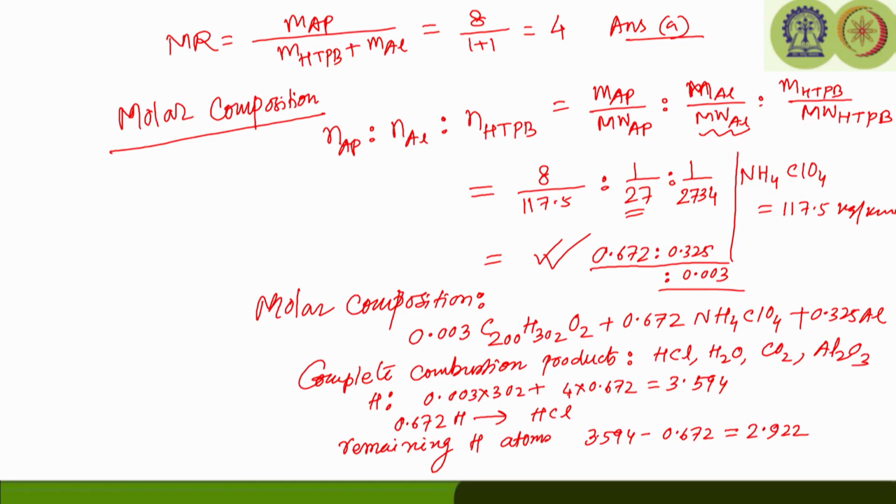So, how much oxygen atom requires to oxidize hydrogen to H2O? It will be simply like 2.922 divided by 2. So, that much of oxygen atoms required for converting hydrogen atoms to water. So, this will become like 1.461.